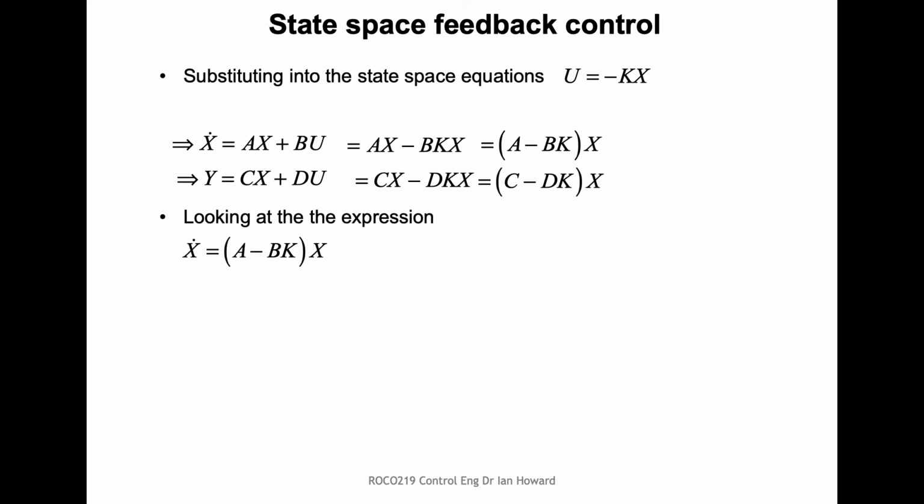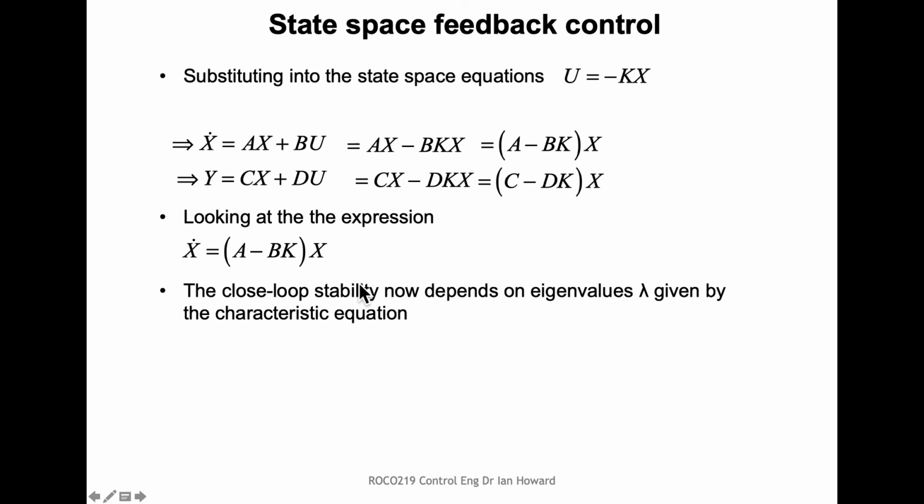Now if we look at the first equation for the derivative of the state, x dot equals (A minus BK)x, first of all we haven't got the Bu term, obviously that's been incorporated. But effectively we've got something which looks like the x dot equals Ax expression, except rather than having an A, we've got another matrix, A minus BK.